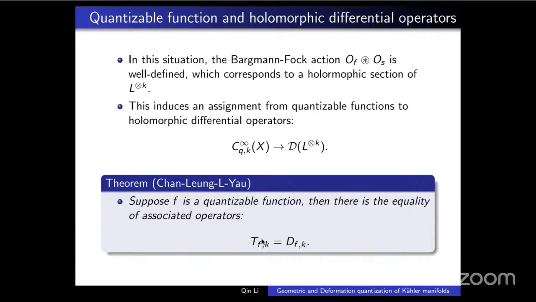So this is analytically defined. The right-hand side is the more algebraically defined differential operator, as I just mentioned. Given a quantizable function, you have a holomorphic differential operator on sections of L to the tensor power k. They are defined in very different ways, but it turns out that they are equal to each other.